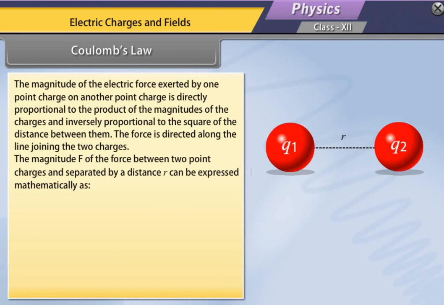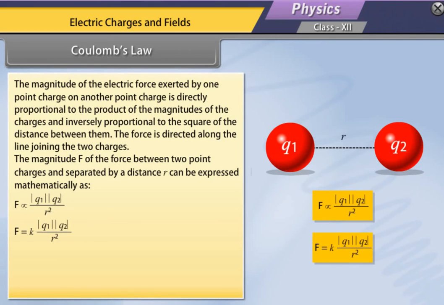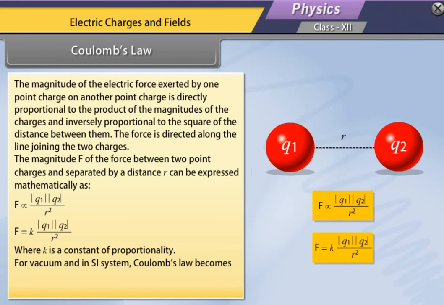The magnitude F of the force between two point charges Q1 and Q2 separated by a distance r can be expressed mathematically as F = K |Q1||Q2| / r². Here, K is a constant of proportionality. For vacuum and in the SI system, Coulomb's law becomes F = 1/(4πε₀) × |Q1||Q2| / r².